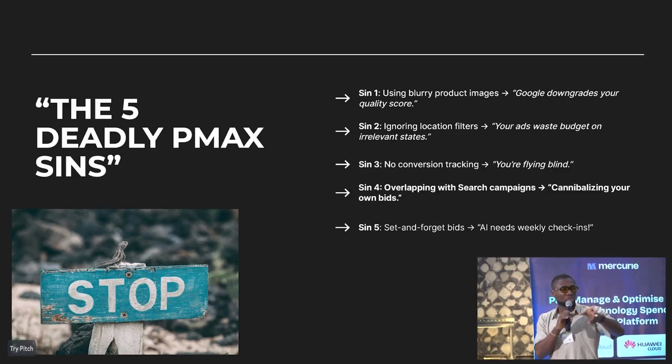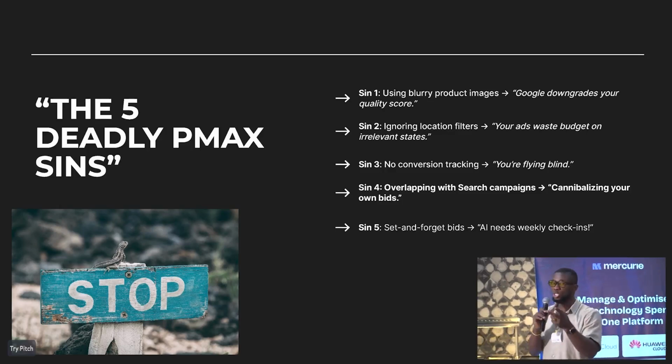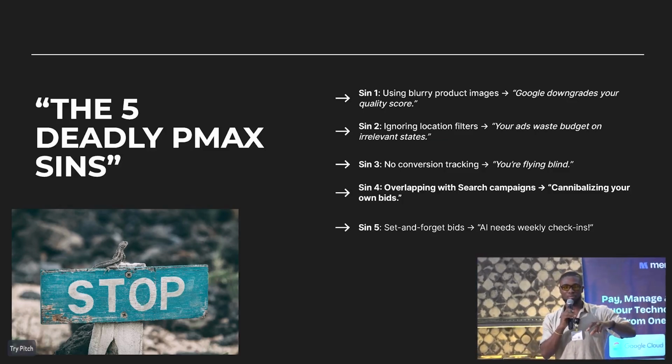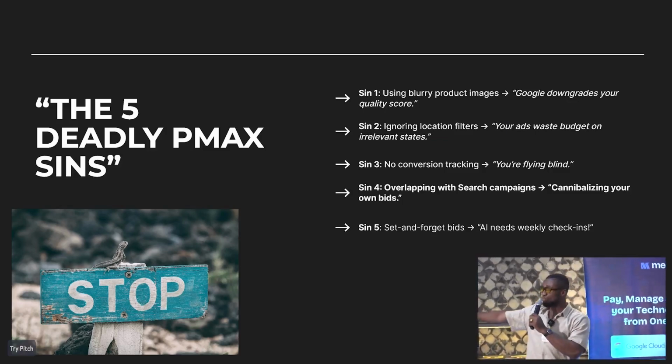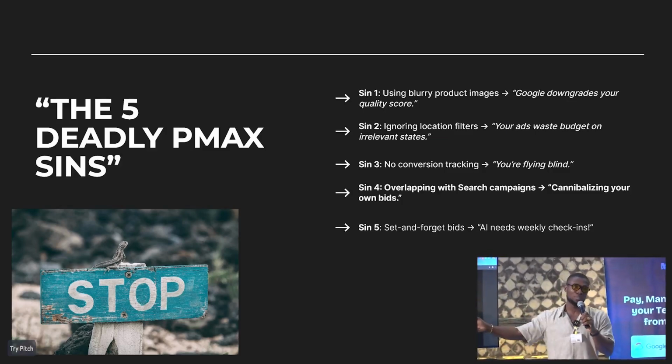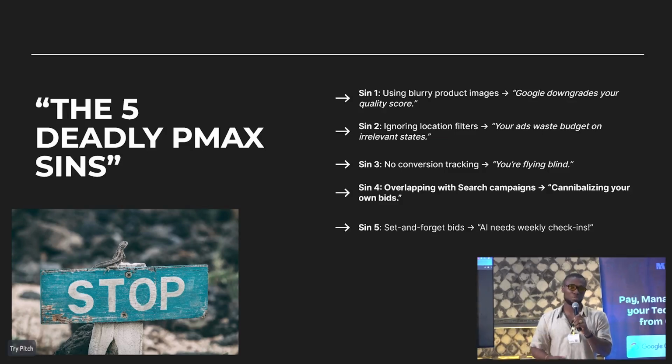So you are fighting yourself. If you want to run Google search ads, run Google search ads alone and don't use Performance Max, because when you do, you're going to be cannibalizing. That's what they call cannibalizing your budgets. So if you want to run Performance Max, use it alone or don't use it at all, than combine with any other campaign, because it will definitely cannibalize your budgets.